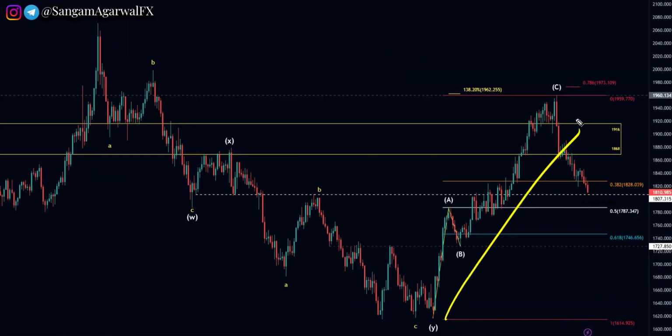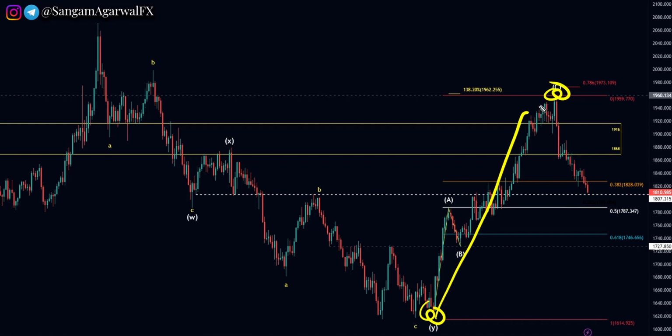First of all, let's see the daily chart. Before we do this wave counting from this bottom to top, one thing I always repeat: before your wave counting starts, before price action starts, you always need two things.